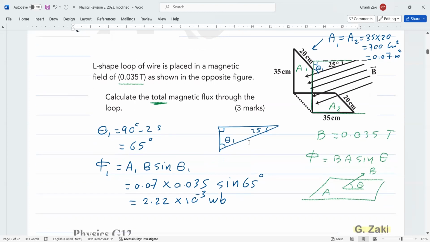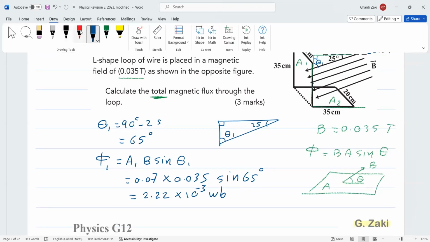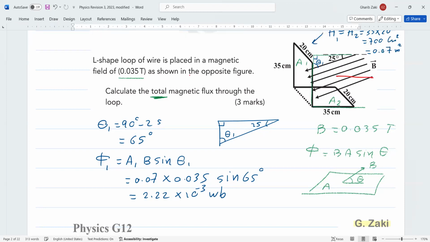What about phi 2, the magnetic flux through area 2? Let us see here. Of course, this is horizontal, so it's parallel. So this angle is 25. Then this is the angle theta 2. Since it's parallel, it's an alternating angle, so theta 2 is 25 degrees.